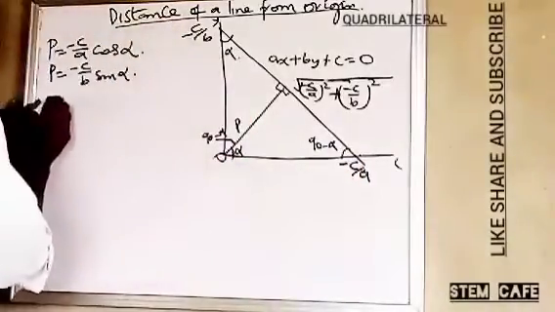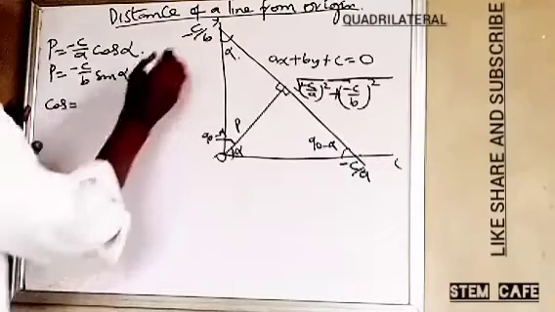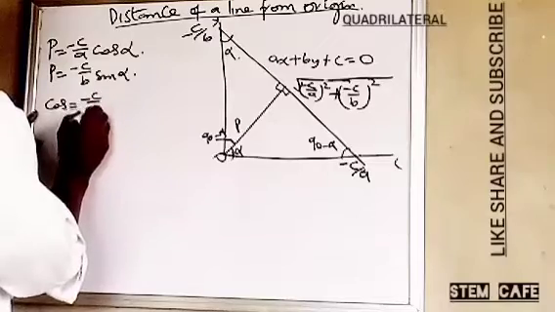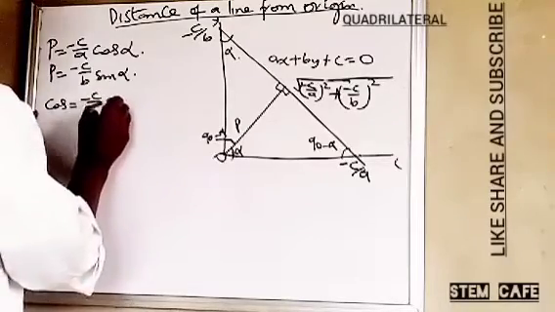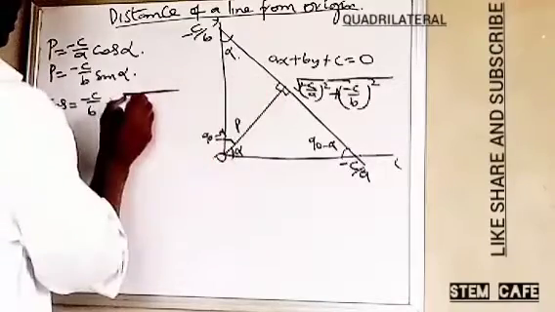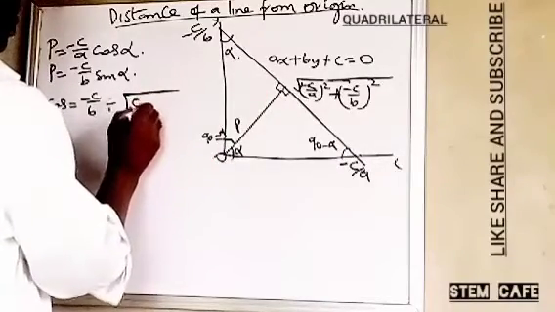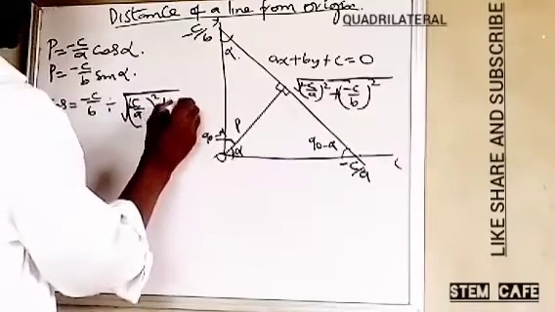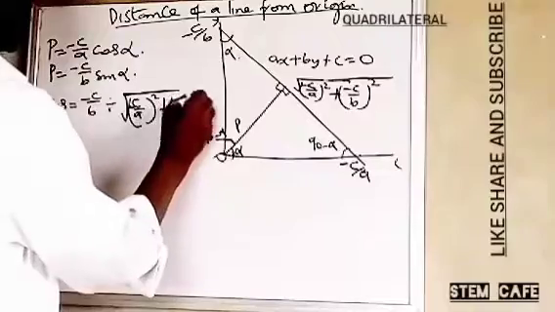Cos alpha is equal to minus C over B divided by square root of minus C over A all squared plus minus C over B all squared.